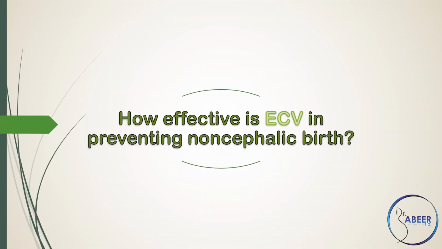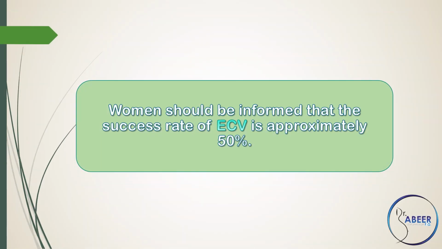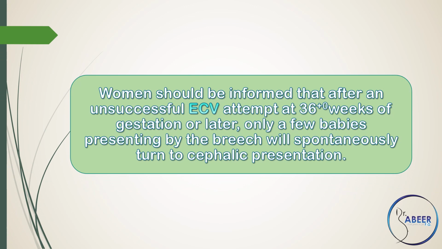How effective is external cephalic version in preventing non-cephalic birth? Women should be informed that the success rate of ECV is approximately 50%. Women should be informed that after an unsuccessful ECV attempt at 36 plus 0 weeks of gestation or later, only a few babies presenting by the breech will spontaneously turn to cephalic presentation.